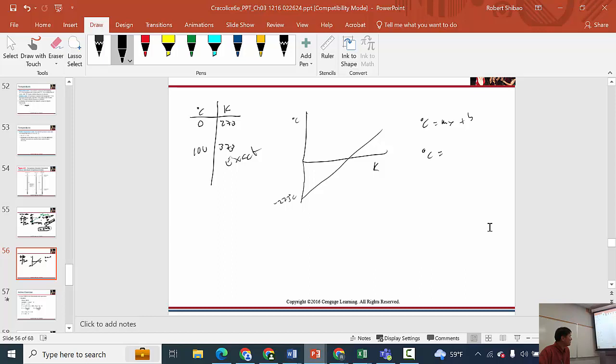Degrees C is equal to the Kelvin. The slope is 1 to 1. For every 100 we go up, we go across 100. And so it's 100 over 100. Maybe I should write that in here. So it's 100 degrees C for every 100 Kelvin.